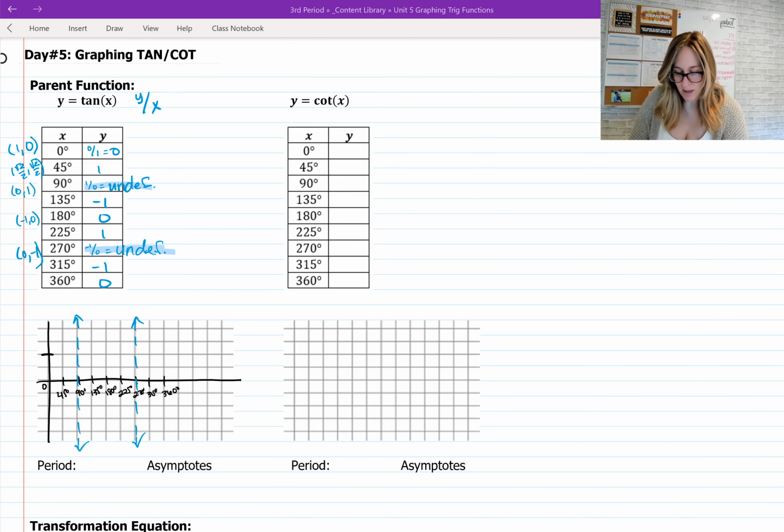Then I'm going to plot my points. 0, 0. 45 is +1. 90 is an asymptote. 135 is -1. Then 0, +1 and -1, 0.